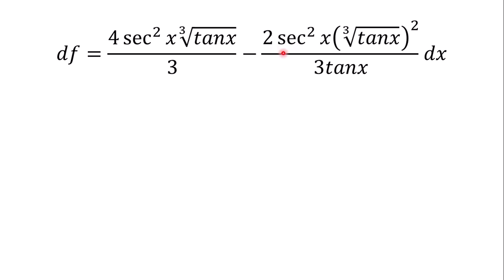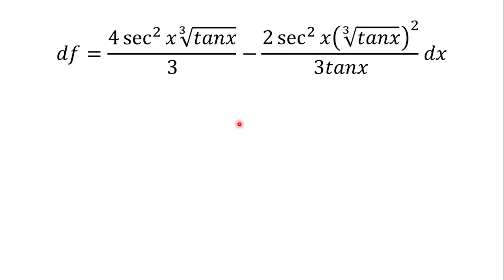We will just add the numerators, or we multiply tangent x by this one.